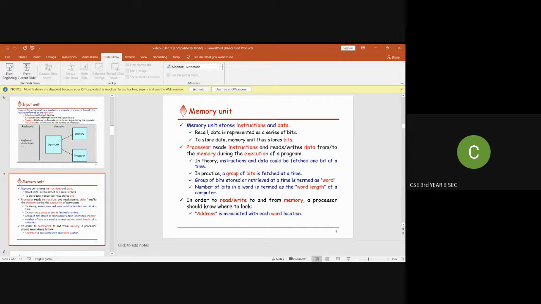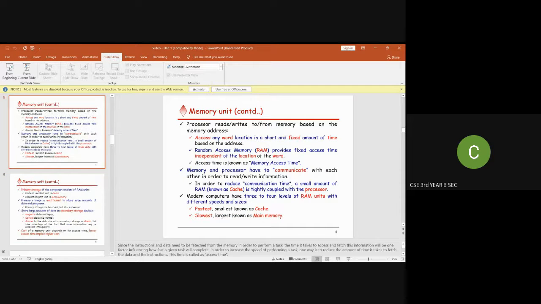An address is associated with each word location. The processor doesn't know the data, but it should know the address where the data is residing in the memory. Based on this memory address only, the processor accesses the data, whether it is a read operation or a write operation.